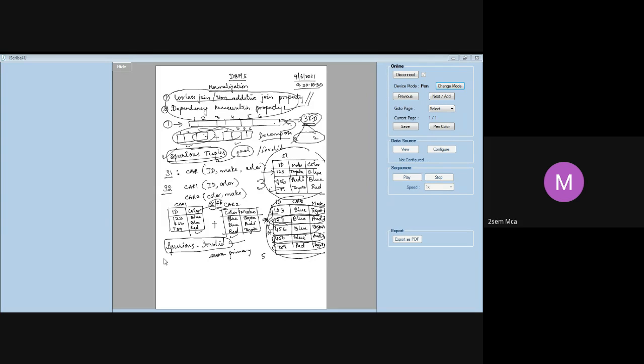Maybe one functional dependency is in one table, and the other 2 are in the other table. That is also fine. So every functional dependency should be represented in some table resulting after decomposition. That is called your dependency preservation.